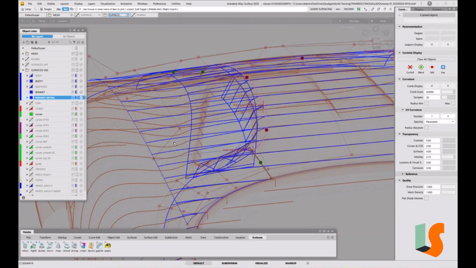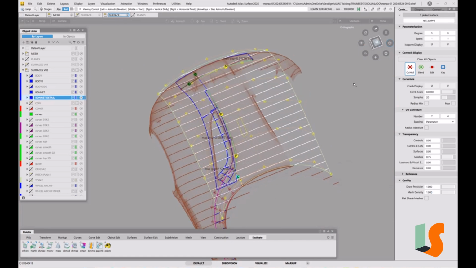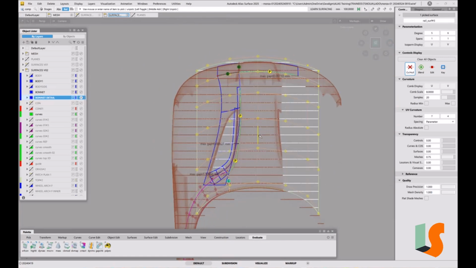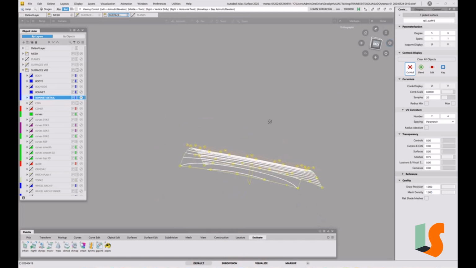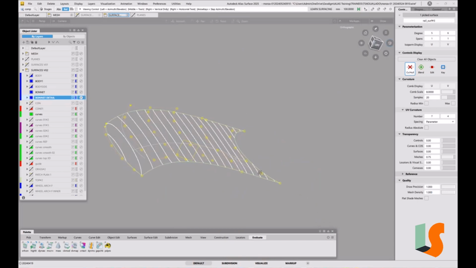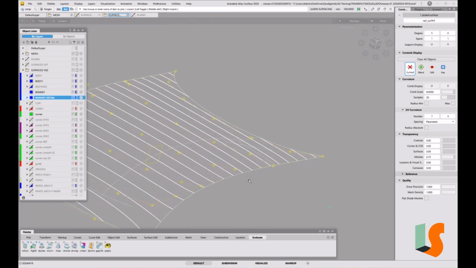This big surface, I mean, it does look really weird in terms of CVs. In plan view, it's all nicely structured, but when we look at it in other views, the CVs go up and down quite a bit. Well, maybe not too bad, but I've got that one going down there.